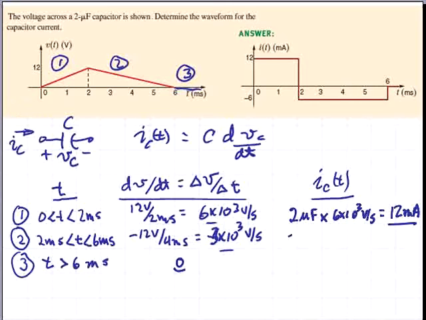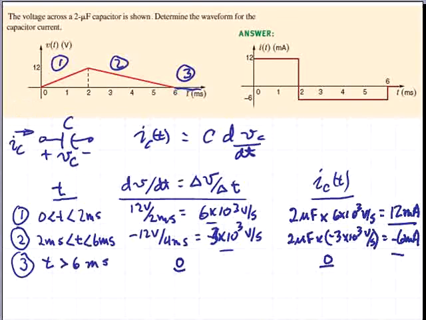Over the second interval, we'll have 2 microfarads times a minus 3 times 10 to the third volts per second, which is equal to minus 6 milliamps for the current. So it changes polarity between those 2 time periods. And over the third interval, the slope is 0, and therefore the capacitor current will be 0.